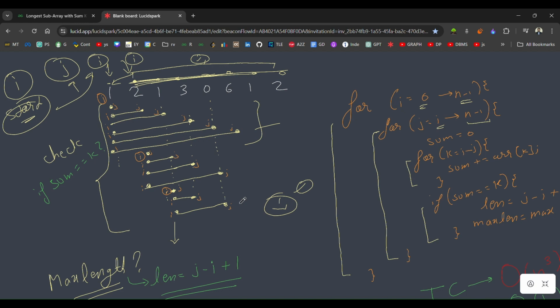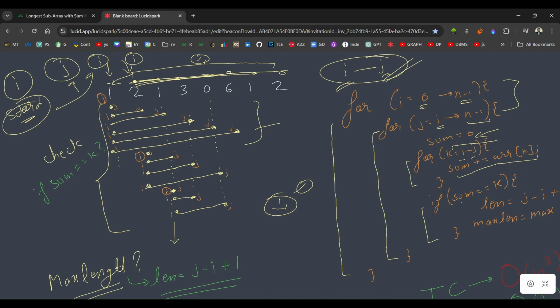And then once I get that i and j pointer, which basically means that I got the subarray from i to j, now I am traversing from i to j using a pointer k, and I'm getting the summation of all the elements.